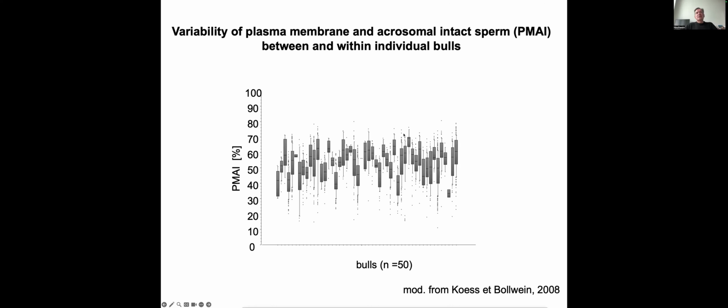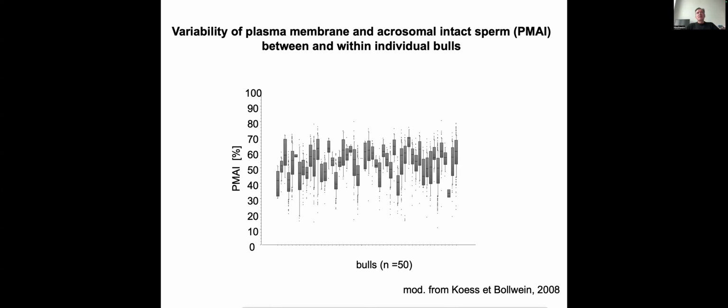It means that if you are doing variance component estimates, 50% of the variability depends on the bull, and 50% is within bulls, and 50% between bulls.